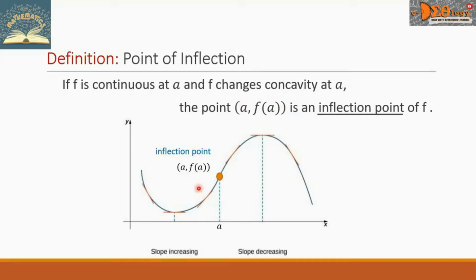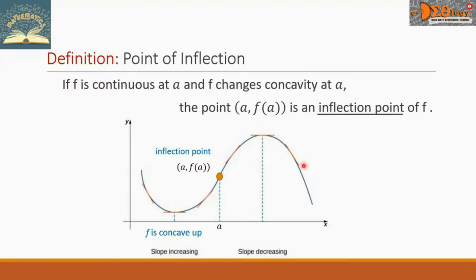A while ago, we said that on this interval here, the slope is increasing, or the derivative is increasing. So this is a picture of the function which is concave up on this interval. While on the right side of A, we notice that the slope or the derivative is decreasing.